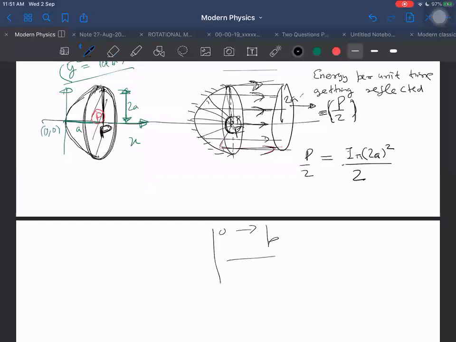Then I can write here, intensity is equal to, what's the formula for intensity and momentum? Power by area, power by dA.